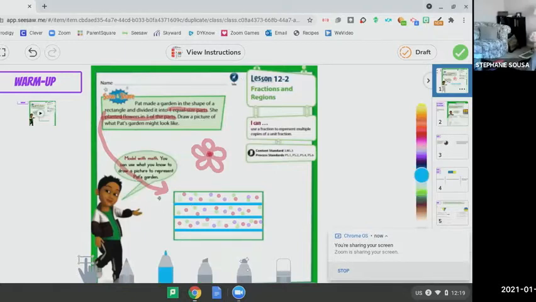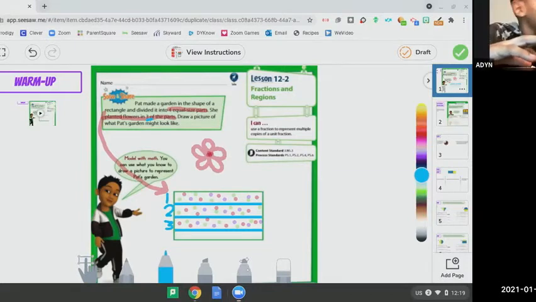Why? Because there are flowers in 3 of the parts. Part 1, part 2, part 3 has flowers. Okay? So you did not need to put 3 flowers in each part. You needed to make sure that 3 of the parts had flowers.